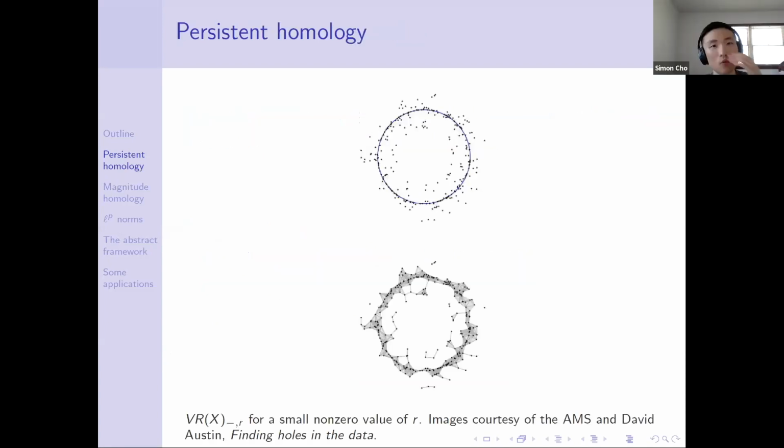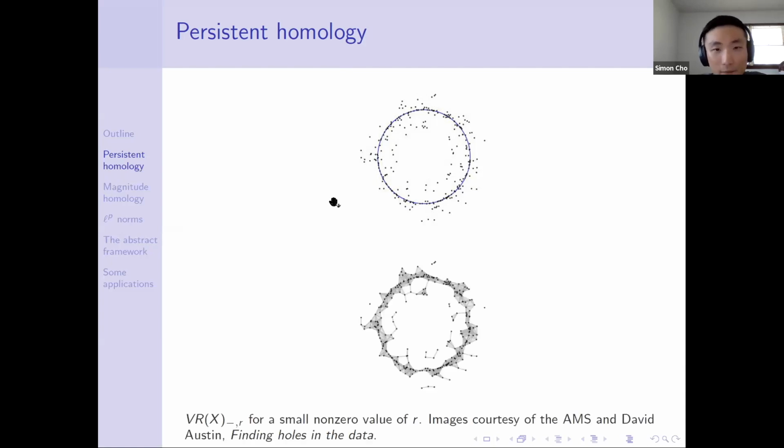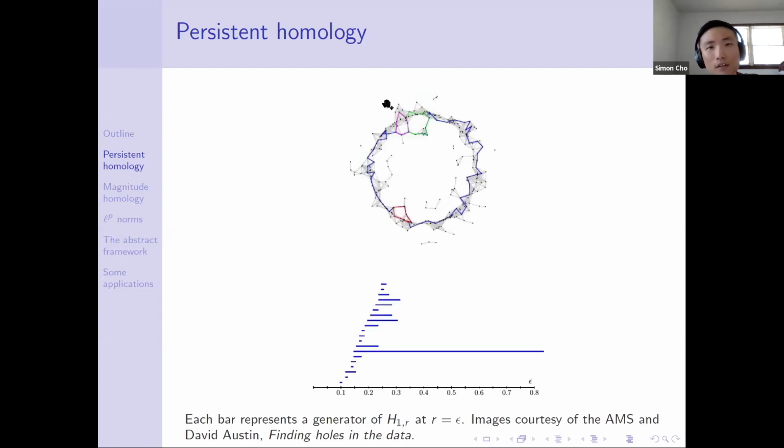So what it does is it takes this kind of circle here that you want to be able to talk about formally, and then at small values of r, it starts filling in these simplices. So this is H1.